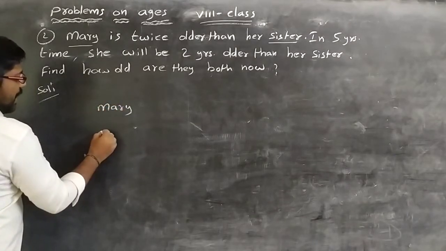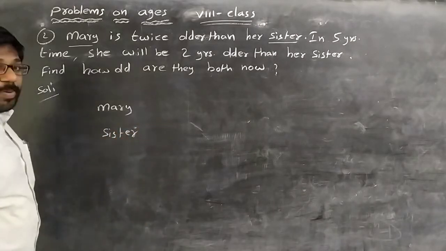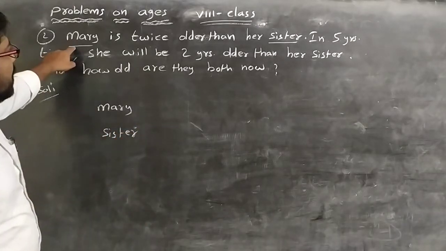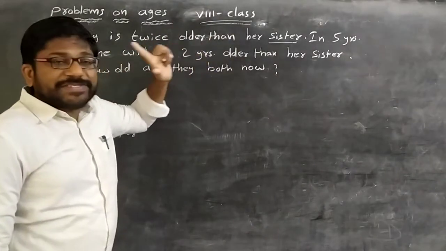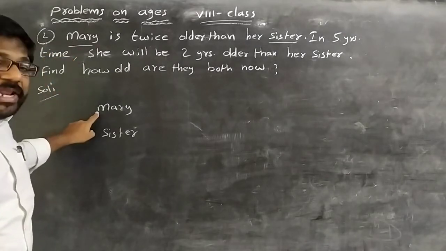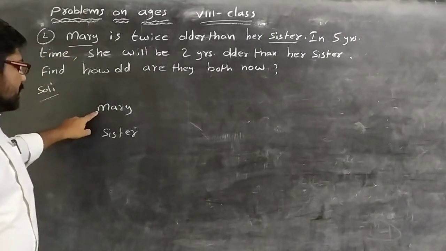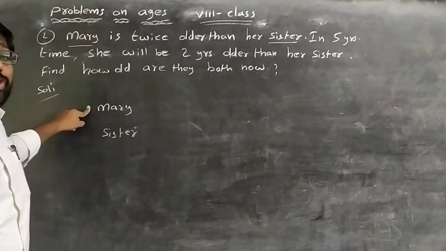We don't know Mary's present age. Suppose her sister's age is x, then Mary's present age is 2x.